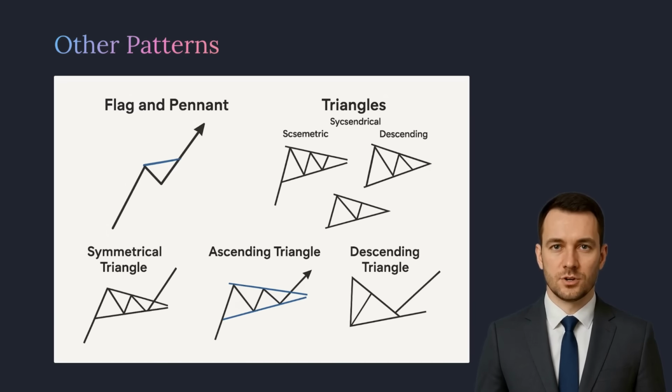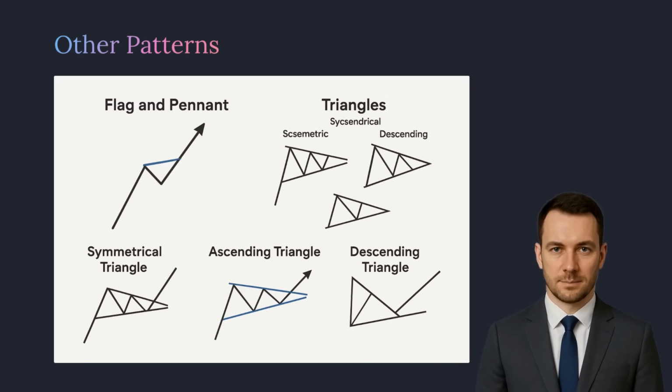A pennant is similar, but with converging trend lines, like a tiny symmetrical triangle. Both indicate the market is catching its breath after a big move. When price breaks out of the flag or pennant, usually in the same direction as the preceding move, the prior trend often resumes.